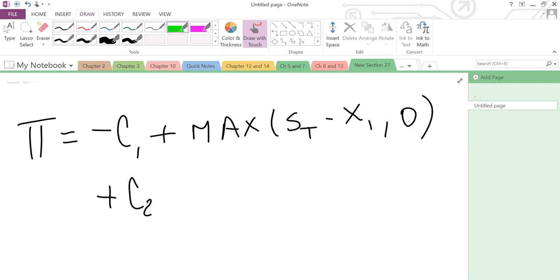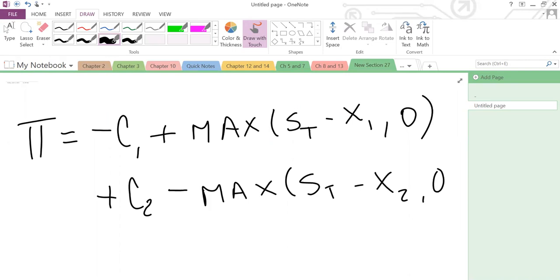So that's why it's a plus. You're receiving that premium from whoever is buying that call option from you. But then if that call option gets in the money, you will lose an amount which will be equivalent to the intrinsic value of this call option, which has a strike that is higher, so X2.